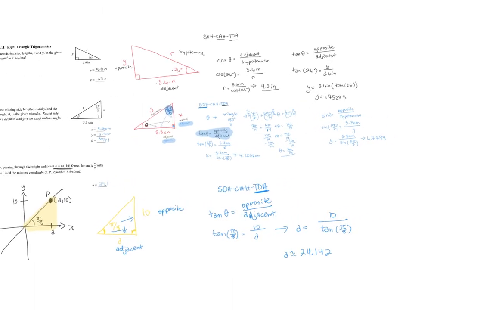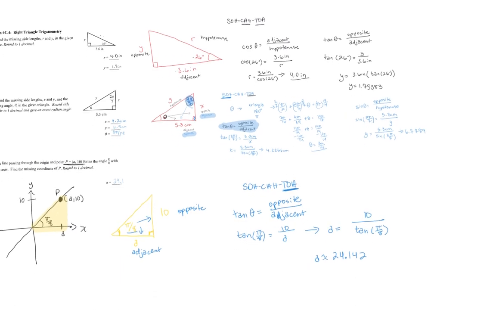Alrighty, so let's go ahead and move on to our next section here. So 16 says, if t is an acute angle such that sine t is (5 minus x) over (5 plus x) for a positive number x, find the values of the other trigonometric functions of t in terms of x.